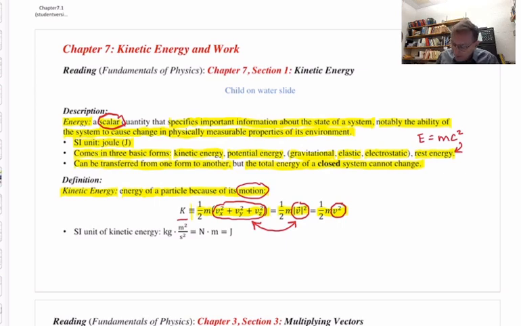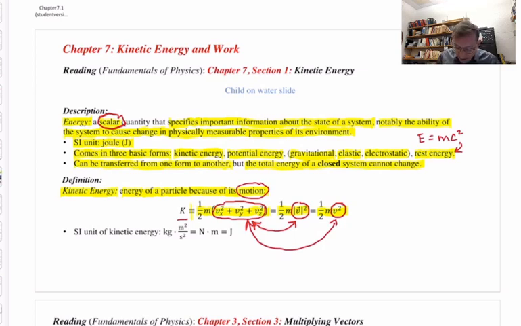Because what we really mean is that in the first expression, vx squared plus vy squared plus vz squared. When we say v squared, we mean the speed squared. We mean the magnitude of the velocity squared. Okay, I'm going to do a little mini practice with you here in just a second to emphasize that. That's the definition of kinetic energy.